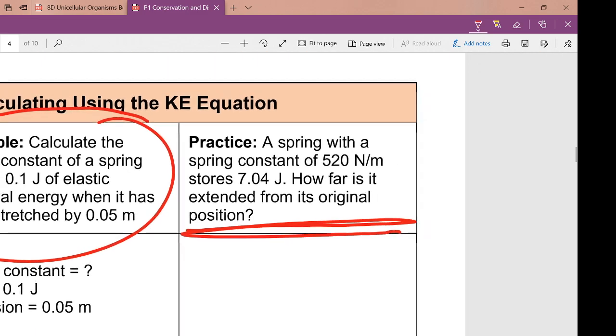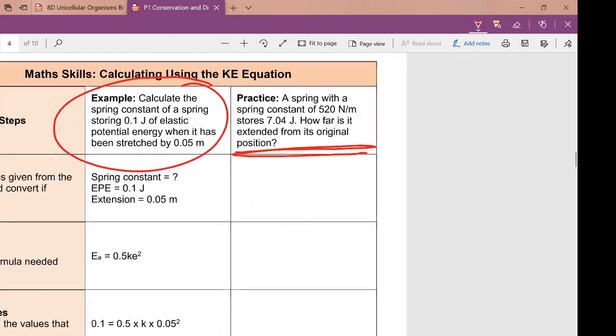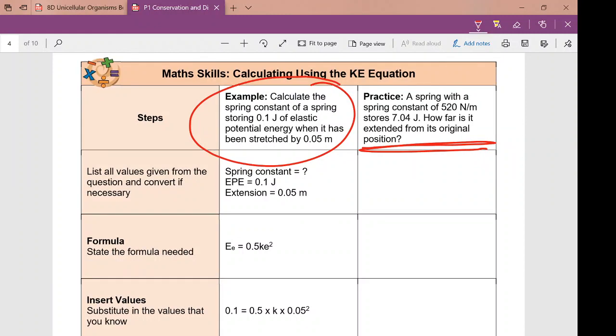Okay, let me start with this question. So remember the first step, list all the values. So spring constant, I'll just write spring cons to shorten it, 520 newtons per meter.